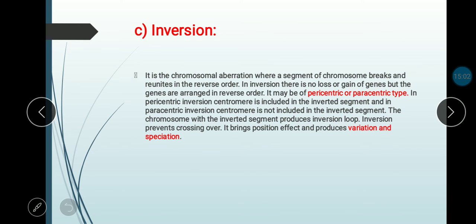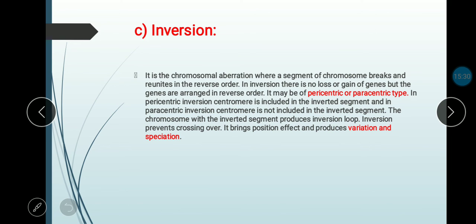Inversion is a chromosomal aberration where a segment of the chromosome breaks and reunites in the reverse order, as seen in the diagram. In inversion, there is no loss or gain of genes, but the genes are arranged in reverse order. It may be of pericentric or paracentric type.